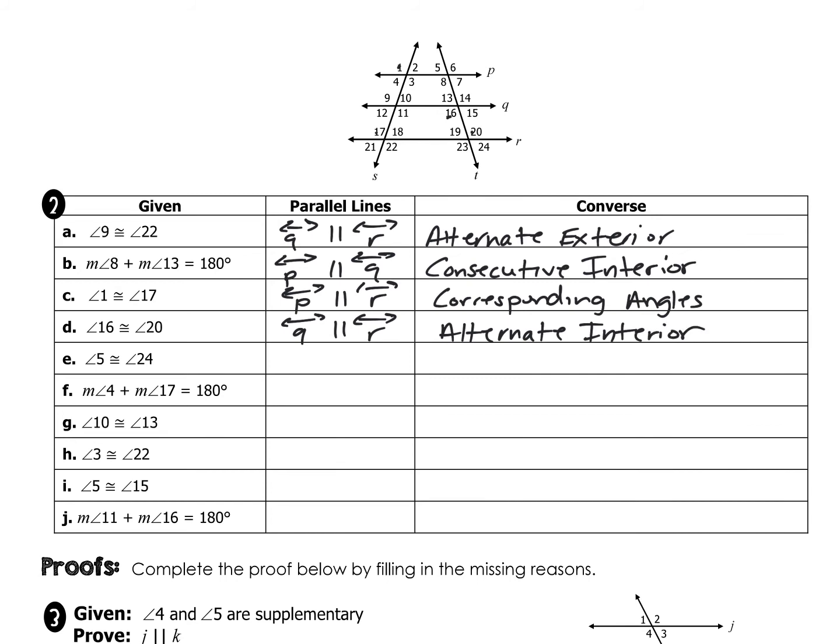Okay, angle 5 and angle 24 are alternate exterior on transversal T, and that proves that P is parallel to R. It's alternate exterior.